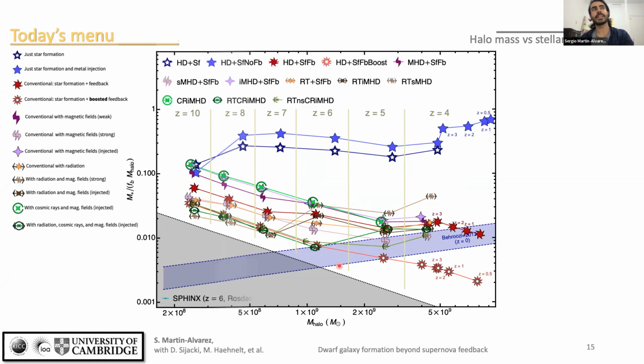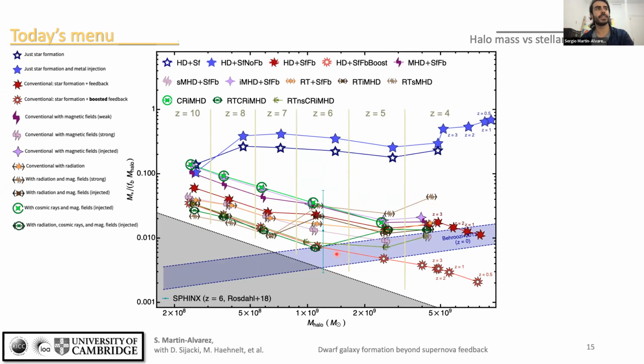And this brings me to my next point, and perhaps the first comparison of these results, and it is with the Sphinx simulations. So again, the Sphinx kind of captures really well the reionization of the universe by redshift 6. And so if I look at the halo mass stellar mass of this simulation at this halo mass bin at redshift 6, what we find is that our cosmic rays model actually reproduces exactly the stellar mass that the Sphinx boost model has, which implies that even though all other galaxies are within the spread, the same galaxy going from non-Sphinx model to Sphinx model and to cosmic rays looks exactly the same.